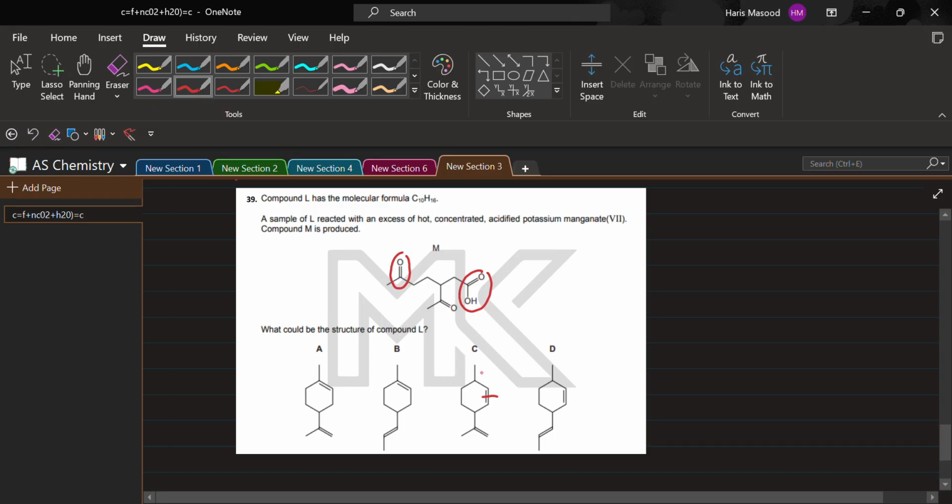So that could only be formed in A and B.